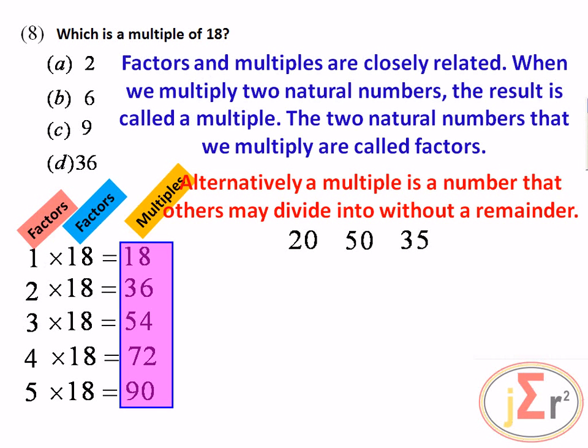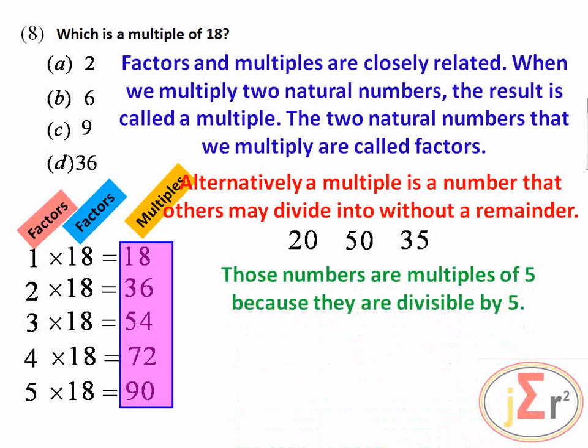So I'm asking you, Jerry, what number may divide into those numbers without leaving a remainder? 5. Right. So those numbers are therefore multiples of 5 because 5 can divide into them without leaving a remainder.